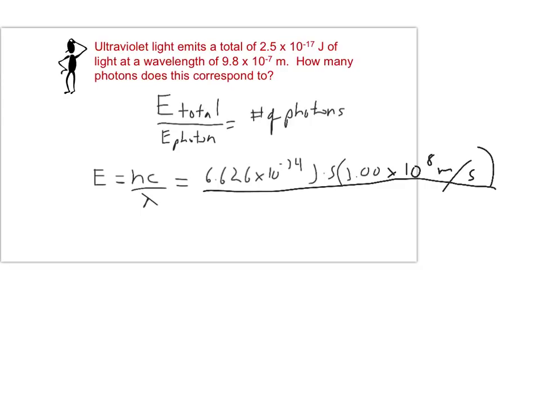The wavelength that we're given is in meters, times 10 to the minus 7 meters. Units cancel. We're left in units of joules. If I do that math correctly, I get 2.03 times 10 to the minus 19 joules. That's the energy of the photon.